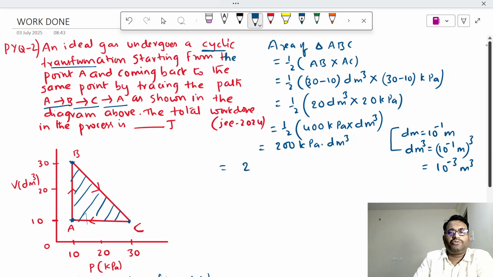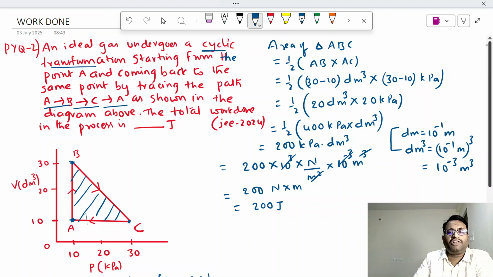So 200 kilo means 10 power 3 Pascal, meaning Newton per meter square, into 1 decimeter cube equal to 10 power minus 3 meter cube. 10 power minus 3 and 10 power 3 cancel. Then what do you get? 200 Newton into meter. So the work done is 200 joules. Right? Understood?